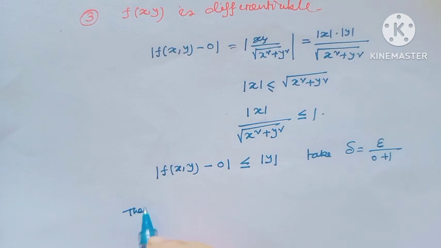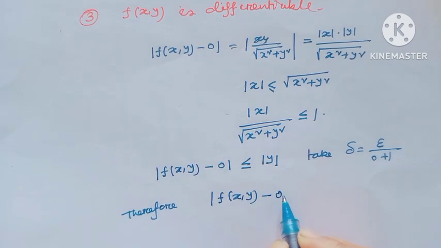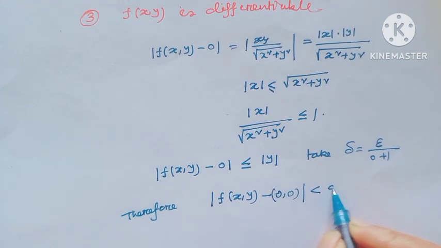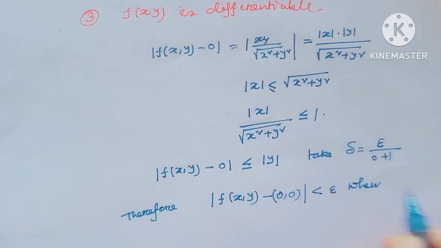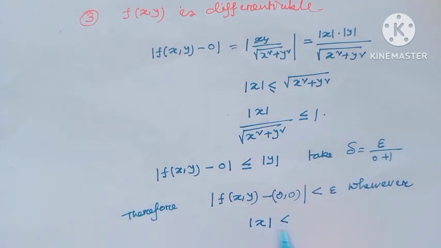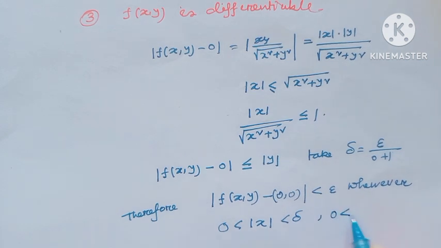Therefore, |f(x,y) minus f(0,0)| is less than epsilon whenever 0 is less than mod x less than delta and 0 is less than mod y less than delta.